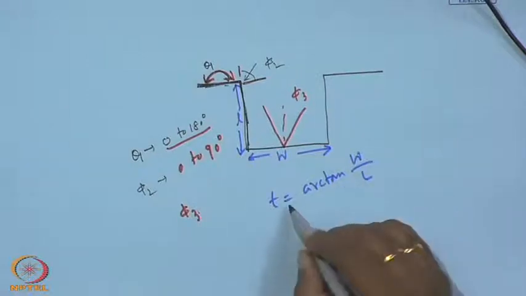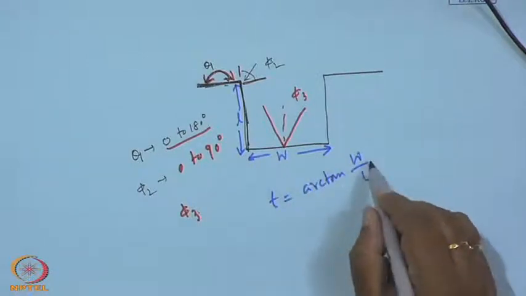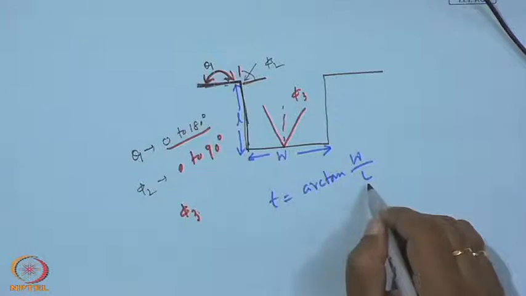So, then thickness will be arctan W by L.